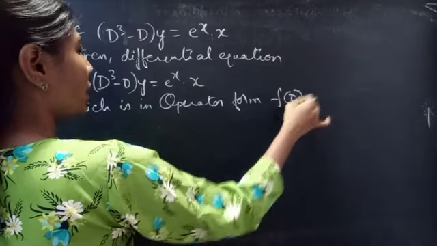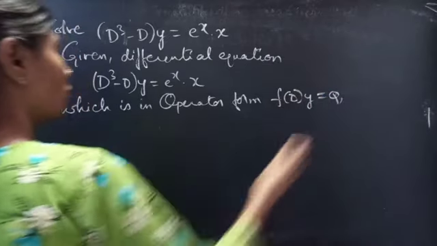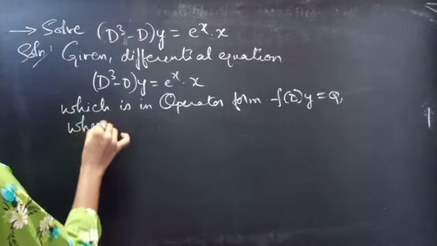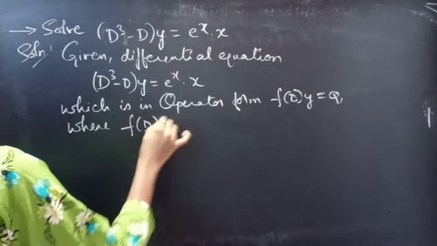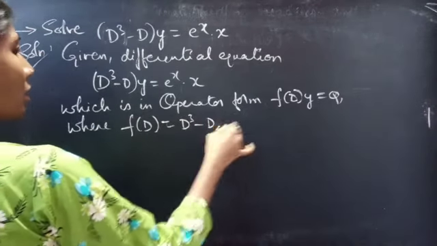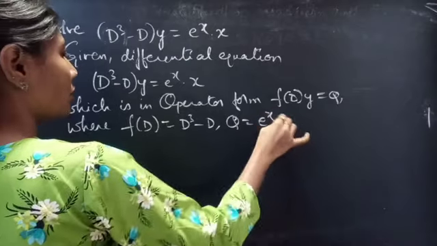F of D into y equals Q, where F of D equals D cube minus D and Q equals e power x into x.